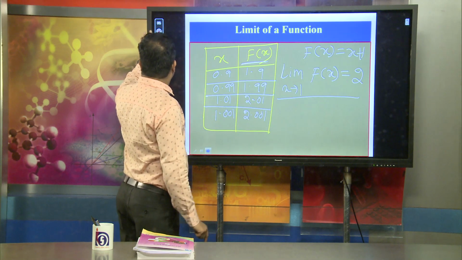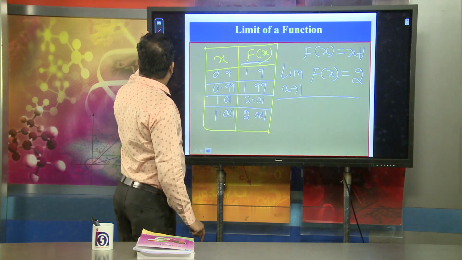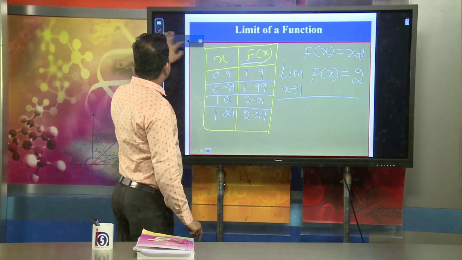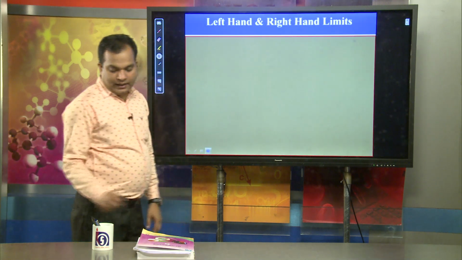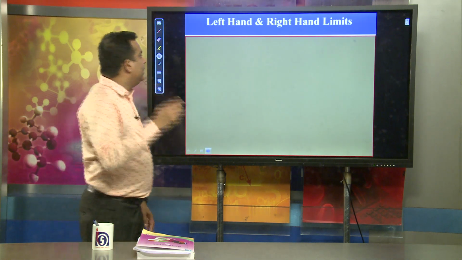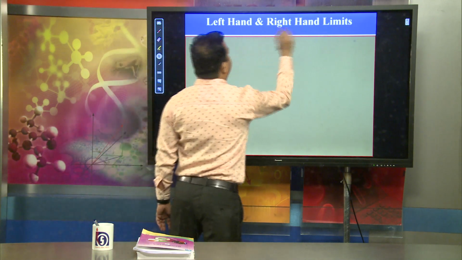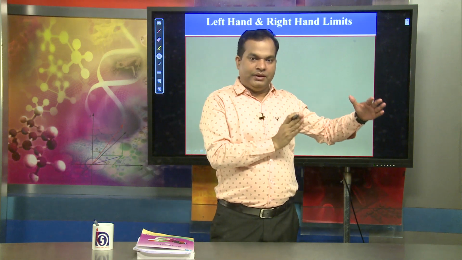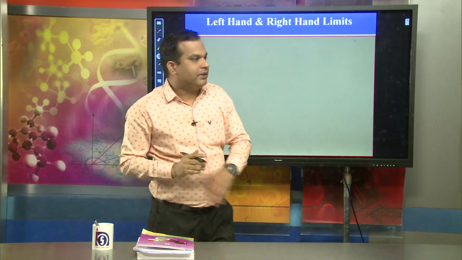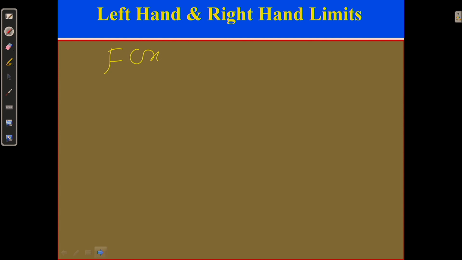Let us move to another concept, that is left hand limit and right hand limit. That means the left hand part of the limit and the right hand part of the limit. Suppose f of x equals x square minus 1 by x minus 1.